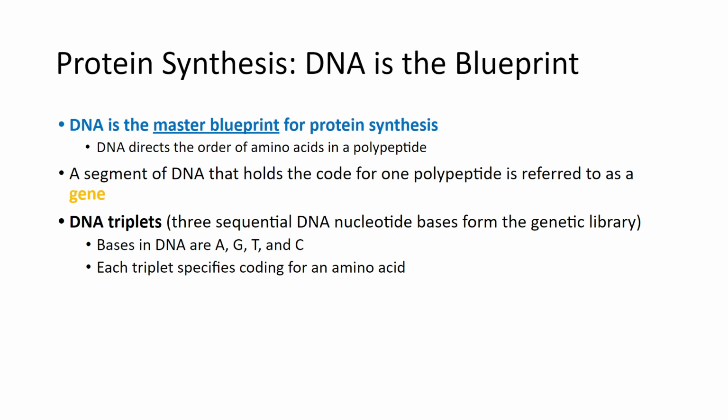If you read 3 bases at a time on DNA, you're reading what we consider a DNA triplet, which is 3 sequential DNA nucleotide bases from the genetic library. Those bases will be either A, G, T, or C, and each triplet is going to specify coding for an amino acid.